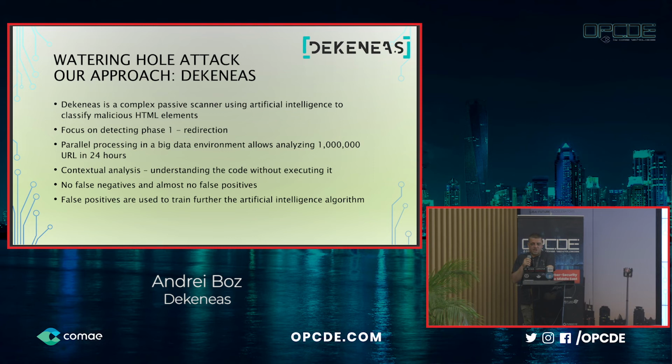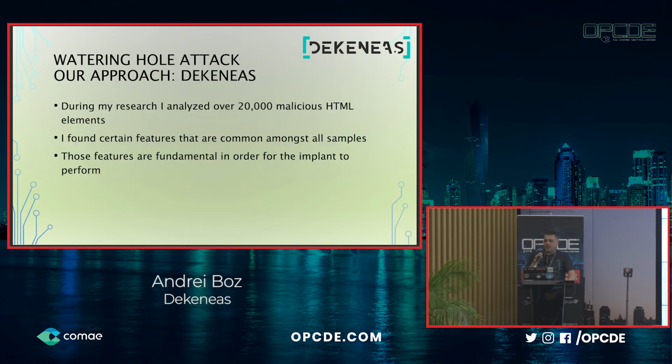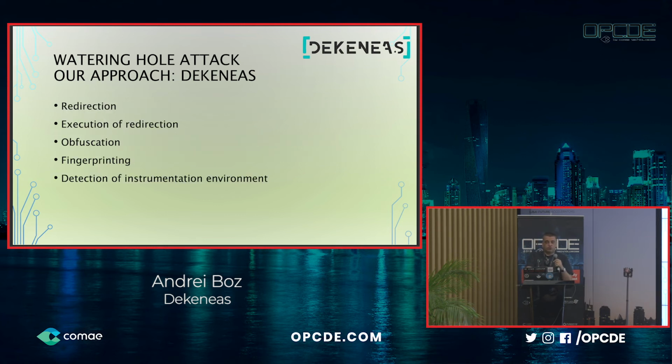So, in our research, we analyzed over 20,000 malicious HTML elements, and we identified certain features that are common amongst all samples. Those features are fundamental in order for the implant to perform. And those features are redirection. You need to send the users to the exploitation server.